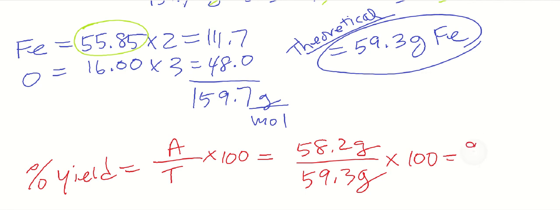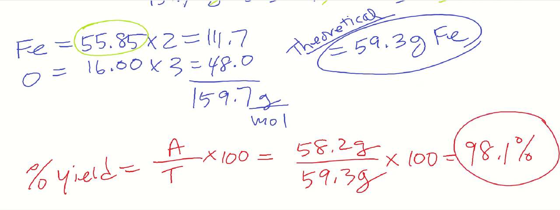I want to round to 3 sig figs, 98.1. Well, that's really close to rounding up. Because I used a rounded number here, I think I'm going to say this is good enough. It might round up to 98.2 if we didn't round.